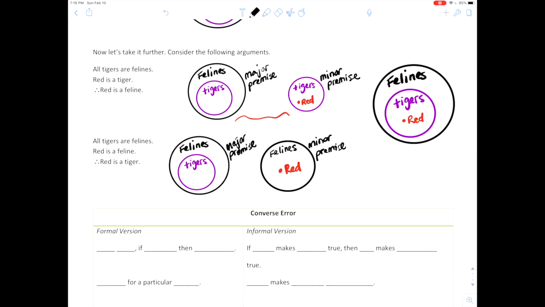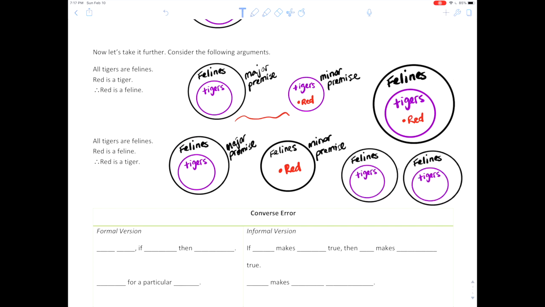Red is a feline. But what happens here is that you get two situations that are possible. Red could be a feline which is not a tiger, like a house cat, which he really is, or Red could be a tiger, right?